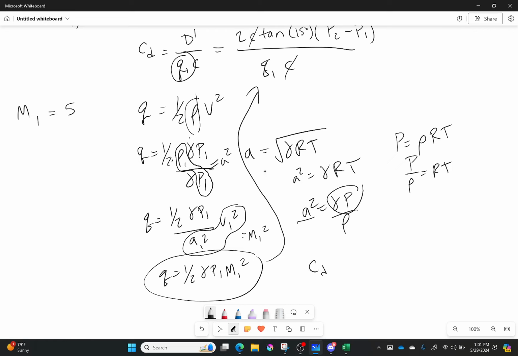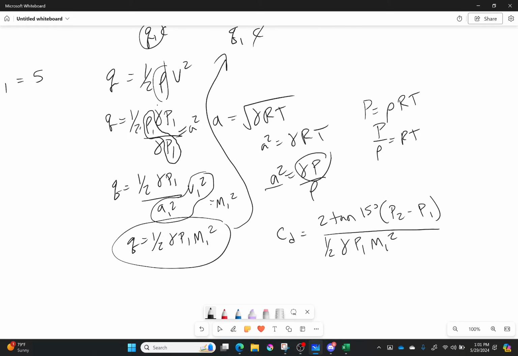So CD is going to be equal to 2 tan of 15 degrees, P2 minus P1, all over 1/2 gamma P1 M1 squared.